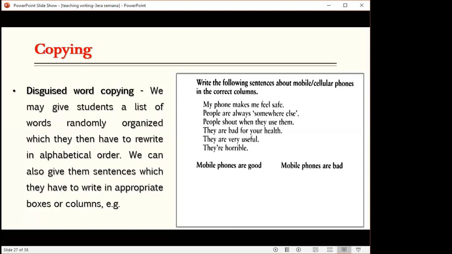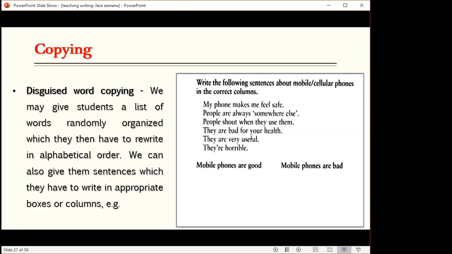Mobile phones are bad. So they are going to categorize. Again, you can do this activity as a whole class. So they are going to write on the board which sentences related to the category of mobile phones are good.